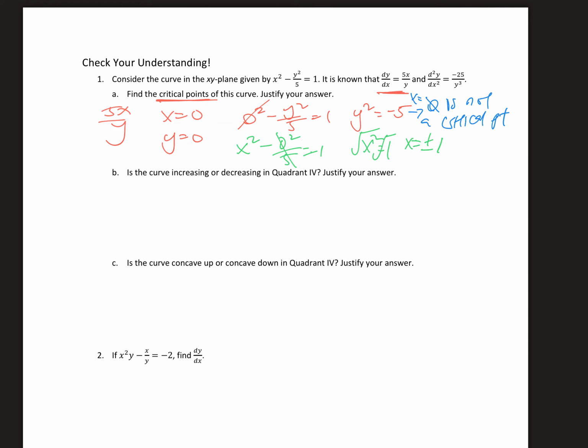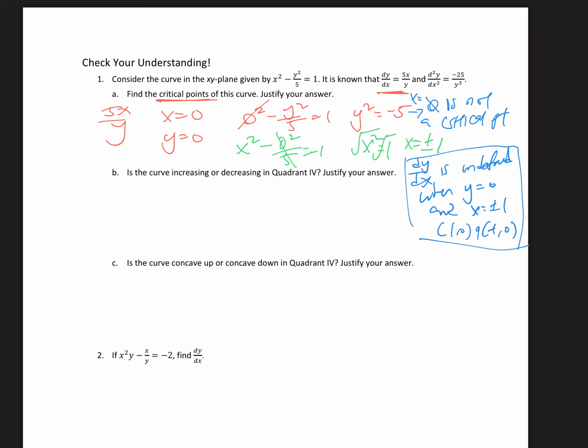We can write that dy dx is undefined when y equals 0 and x equals positive or negative 1. Or you can write 1 comma 0 and negative 1 comma 0. This works as well. Okay?